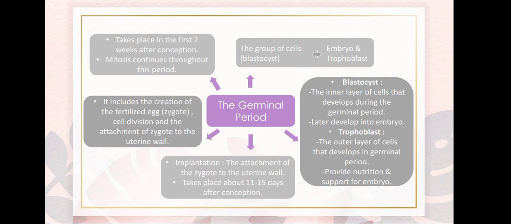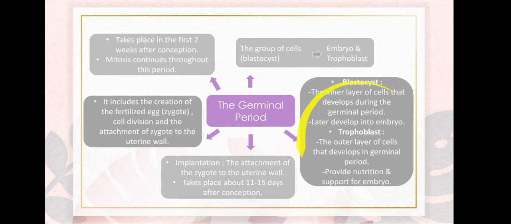The germinal period also includes the creation of the fertilized egg, the zygote, cell division, and the attachment of the zygote to the uterine wall. And that takes place in the first 2 weeks after conception. Mitosis continues throughout this period.